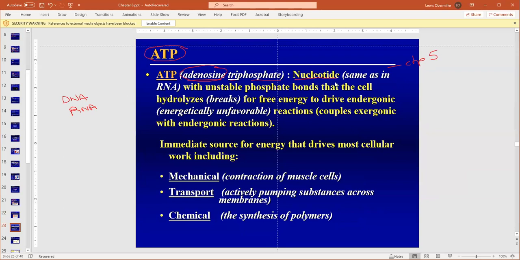This particular nucleotide is ribose and not deoxyribose. So that's the A in RNA. Remember, RNA has A's and G's and C's and U's because there's no T's. And so this is the letter in RNA that we're talking about for ATP.